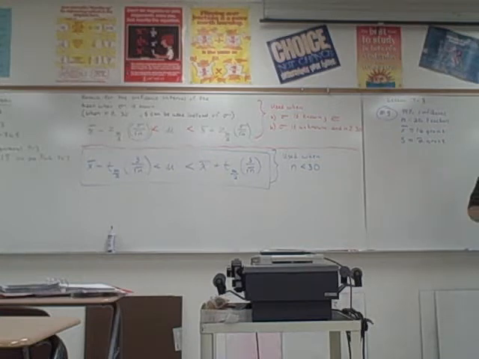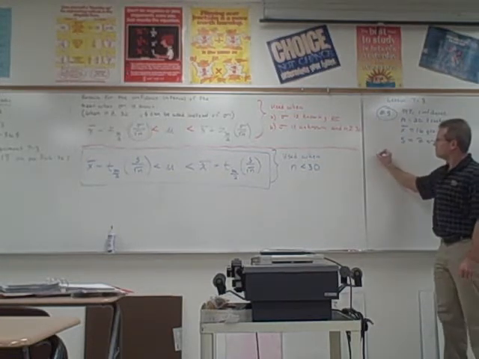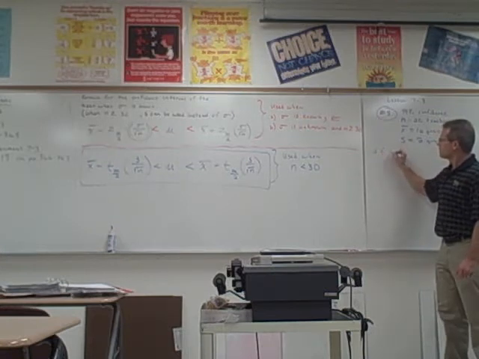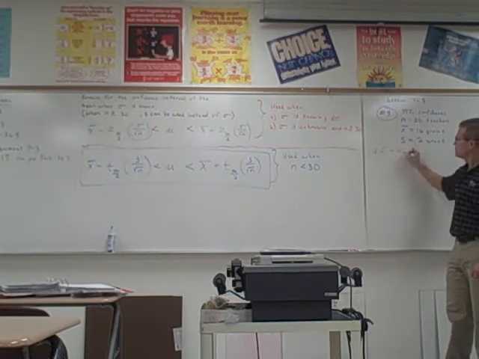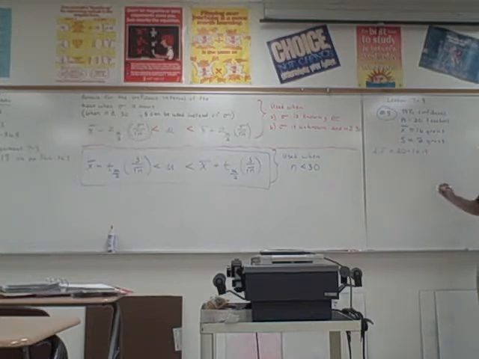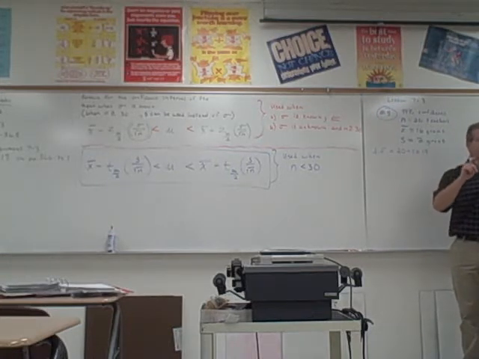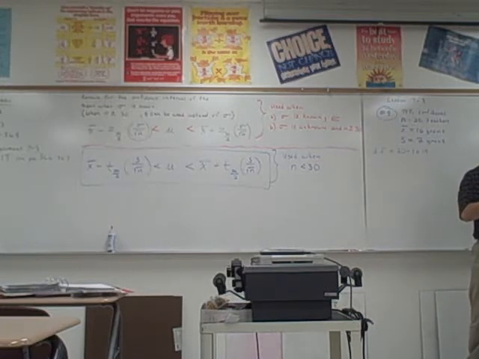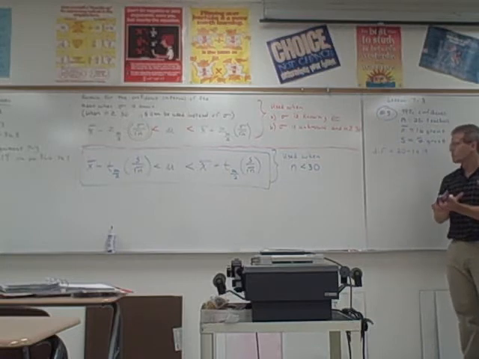Now the first thing you have to do is figure out the degrees of freedom. Degrees of freedom is n minus 1. So 20 minus 1 would be 19. Then you go to your t-distribution chart, which is on the back of your z-distribution chart. If you haven't noticed that, on the back of your z-distribution chart is a t-distribution chart.